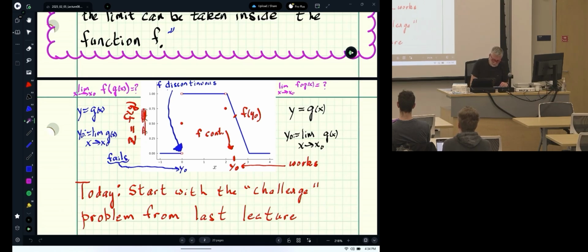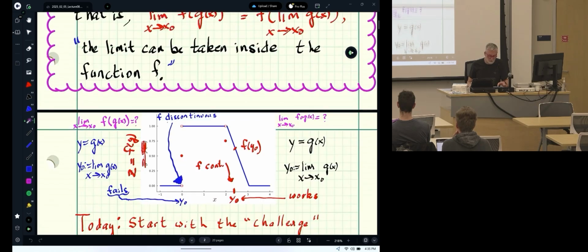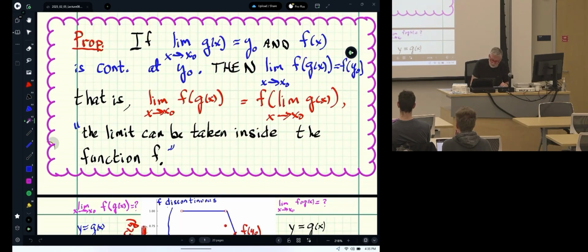What I'm showing over here is if you take y0 equal to 0, where there's clearly a jump in f, because it is not continuous there, then the proposition fails. So we need f to be continuous at the limit point of g.